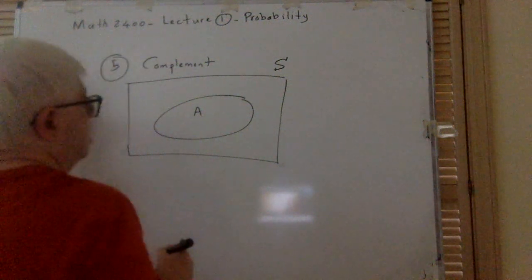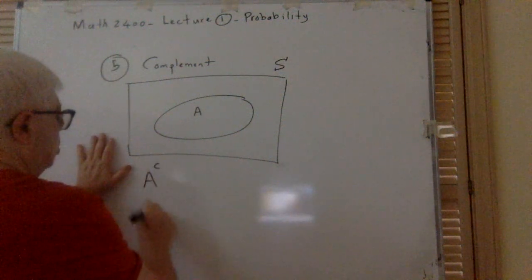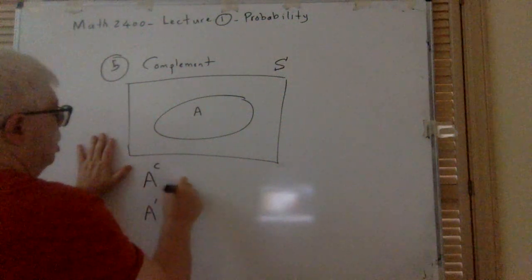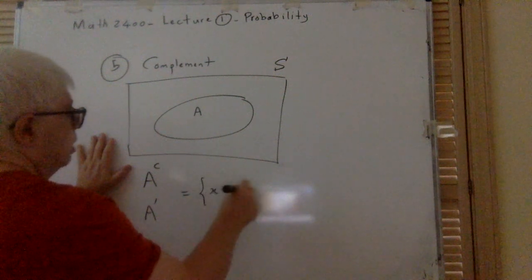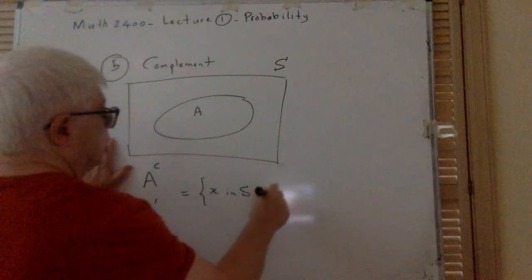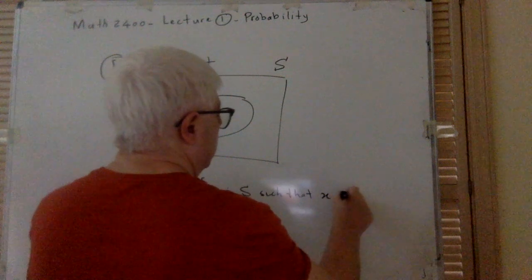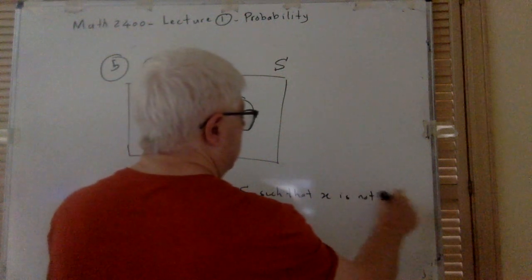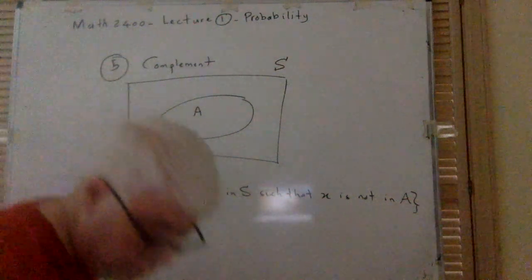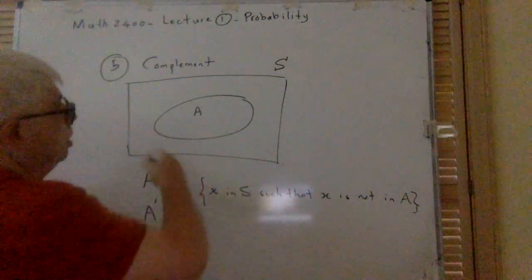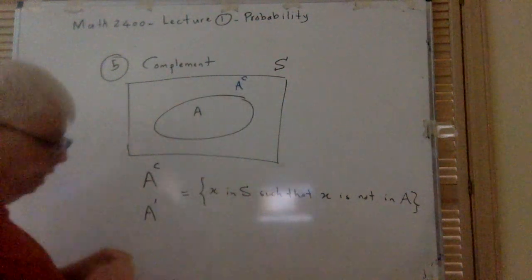Complement is written in two ways, either A^c, or in some books A prime. Either way, it is all x's in S such that x is not in A. So if this is A, its complement is what remains here, outside of A, inside S.